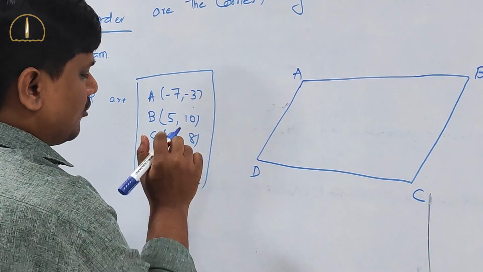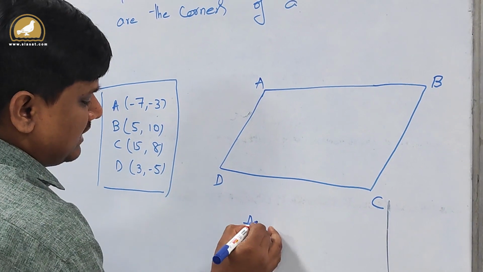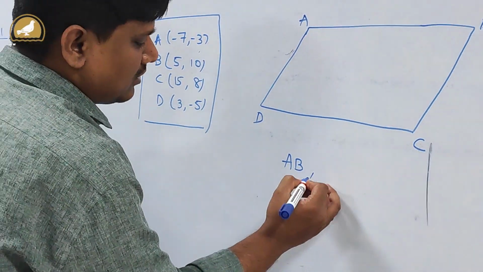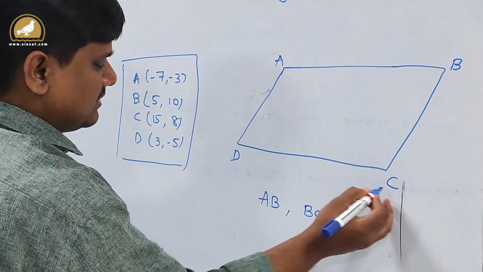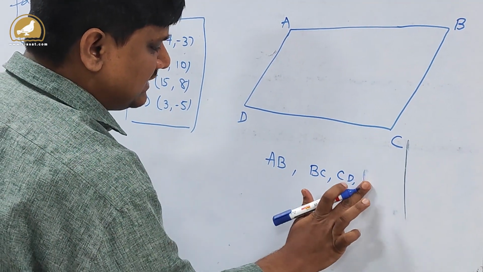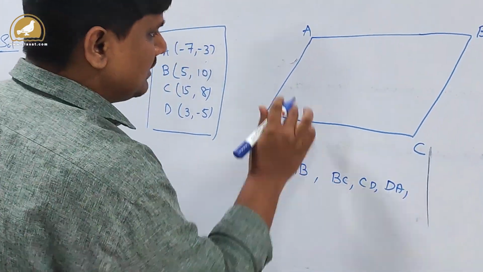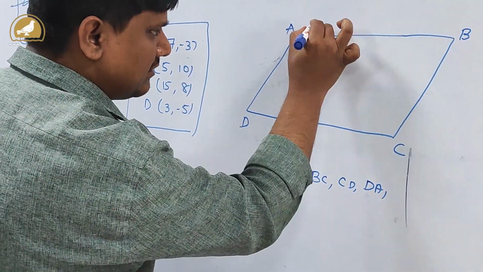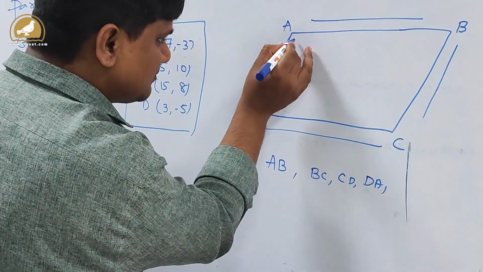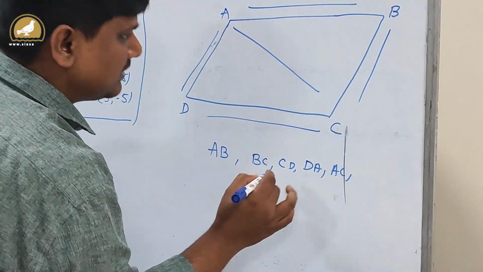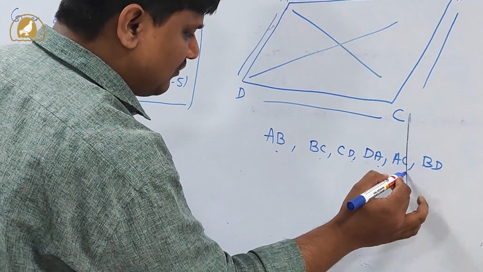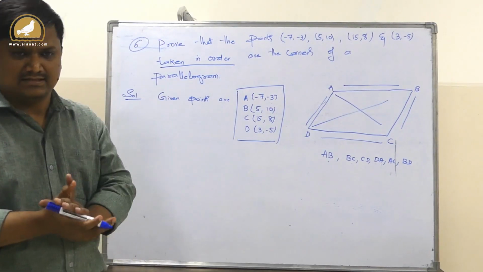To prove that, we need to find the distance between A and B, B and C, C and D, D and A, and the distance between A and C, and between B and D. So we need to find 1, 2, 3, 4, 5, 6. First we need to find out 6 distances.